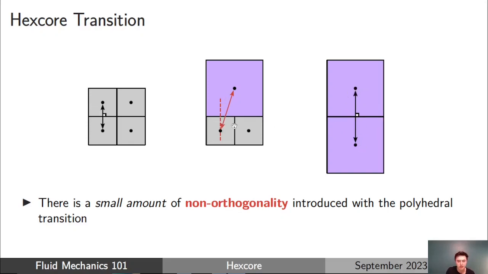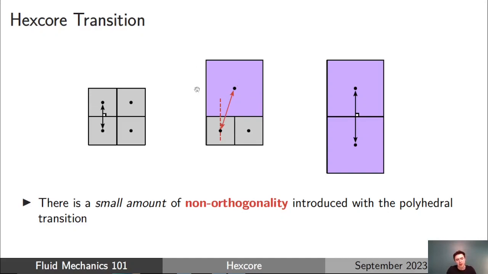But when we're transitioning from the small cell to the larger cell, if you draw a line representing that vector, you can see it's not intersecting the face at 90 degrees. And so there's a small amount of non-orthogonality that's introduced in the transition between the small cell and the larger cell. And so the non-orthogonal correction will appear in both the smaller cell for this face and also the larger cell for that face as well.